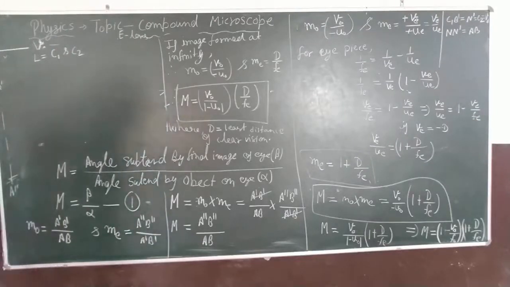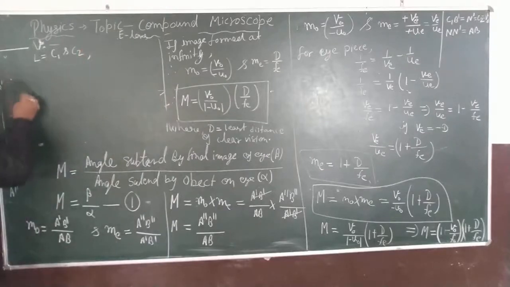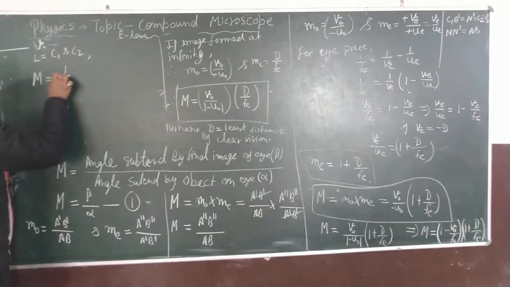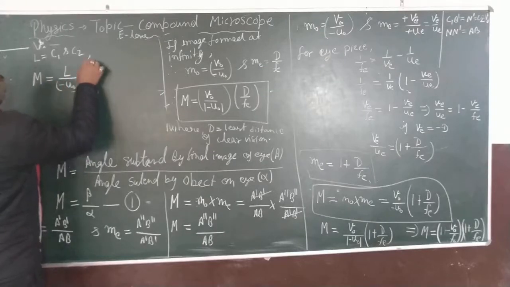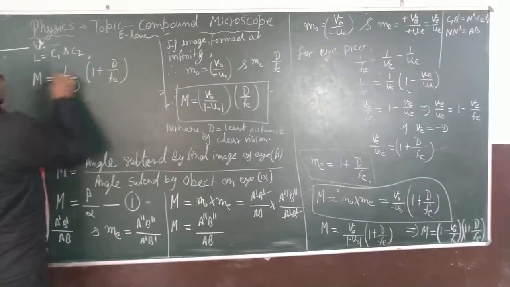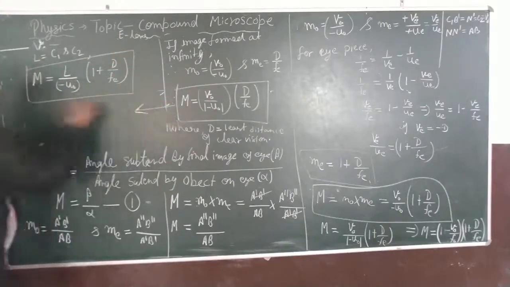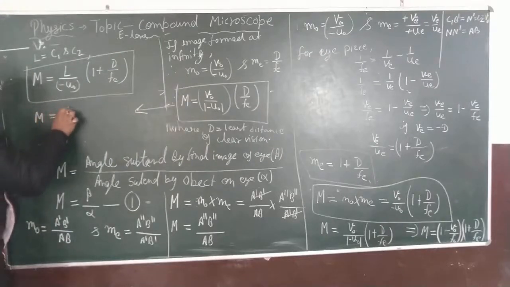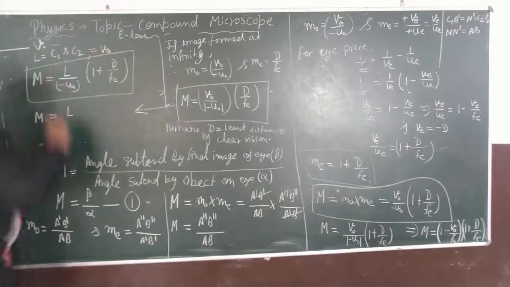Okay, therefore the magnification produced by the compound microscope is L upon minus U naught, times 1 plus D upon F. This is another formula, and this can also be written as M is equal to, in place of V naught, L.